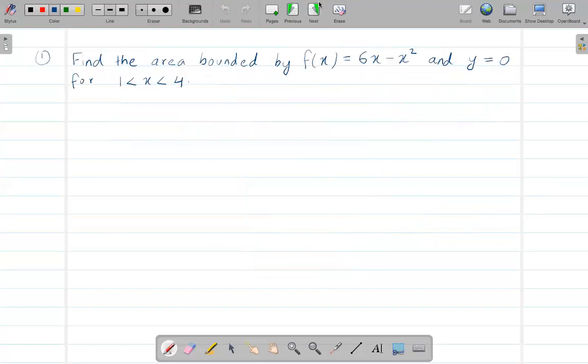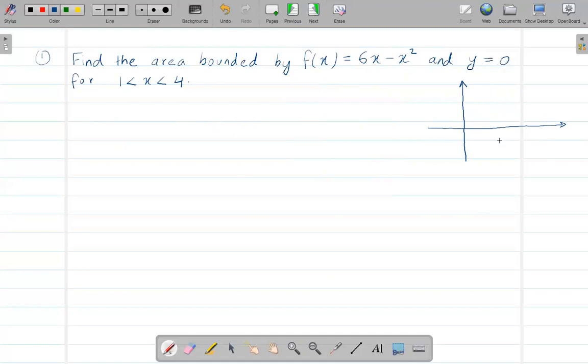Now let's start a problem. I have to find the area bounded by this graph and y equals 0. What is the y equals 0 graph?